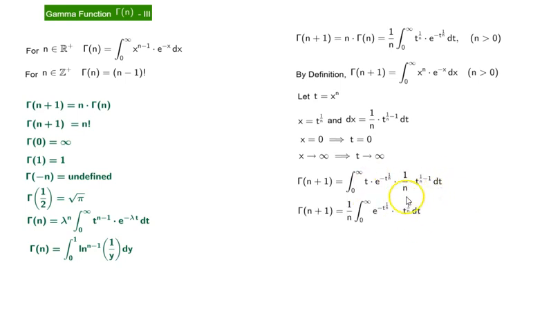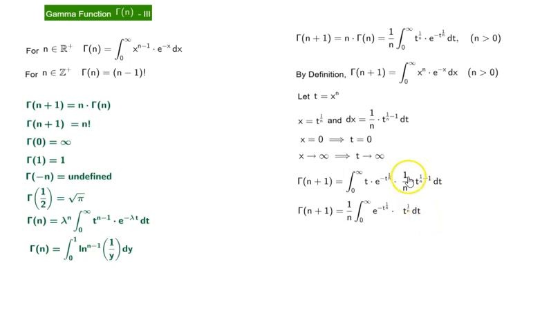Let's carry out the simplification. Here we have t to the power of 1, so 1 plus 1 by n minus 1, which gives us t to the power of 1 by n. E to the power of minus t to the power of 1 by n remains as it is.